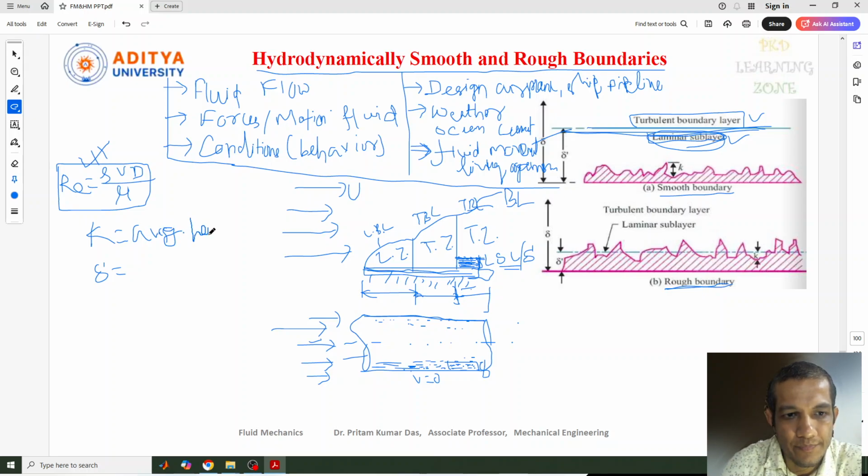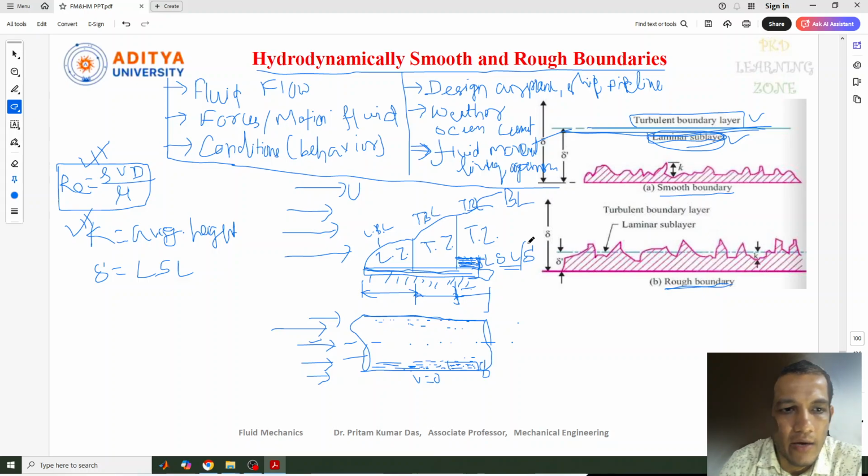This is our K, the average height, and delta dash is nothing but, as I told you, the laminar sublayer. Whether the boundary is smooth or rough depends upon the K values.